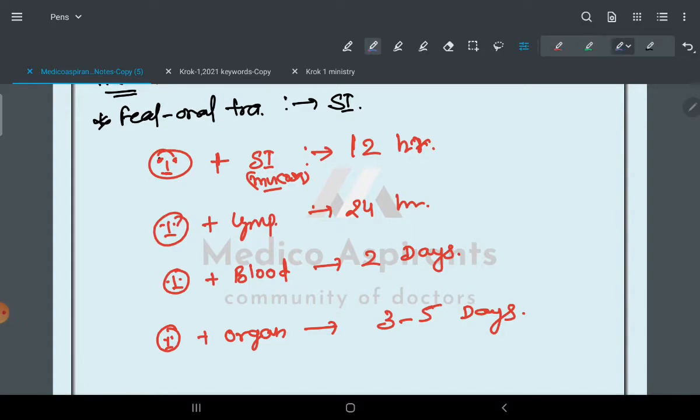So how can you get the confirmatory result? In the initial 12 hours, if you take a blood sample, your diagnosis will be negative. If you take a blood or lymph sample on the 3rd day or 5th day, it is also going to be negative. That simply means the most accurate form is your blood.